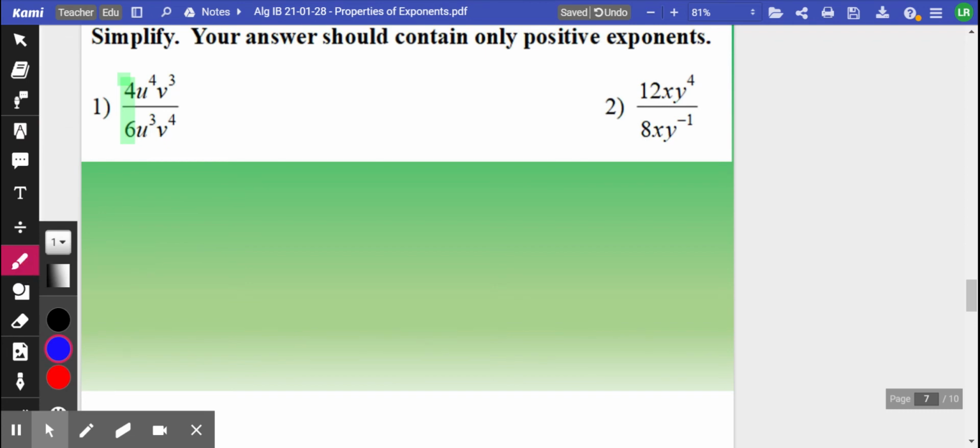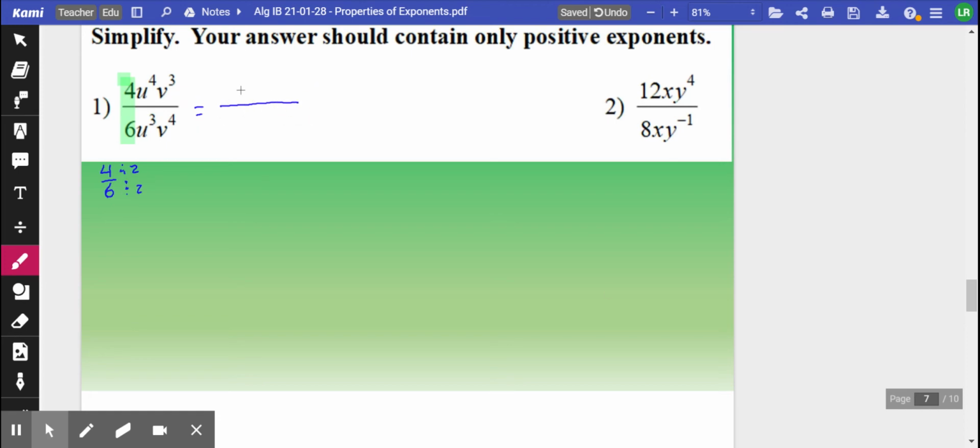They're not even same bases. That is just simply a fraction, 4 over 6. And the fraction 4 over 6 can be simplified. I can divide both the top and the bottom by 2. So that is going to become 2 over 3. And I made the fraction bar extra long because I have other work to do.